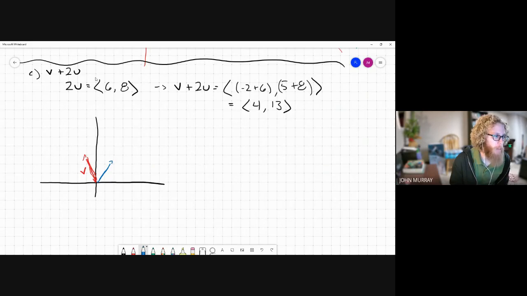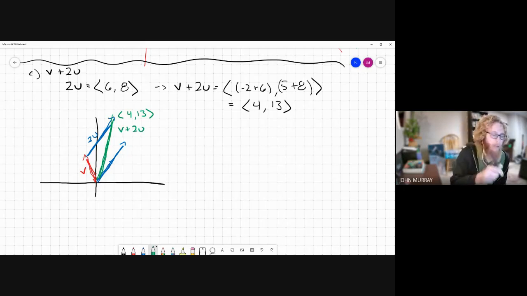This is my normal u, but I'm multiplying it by 2, so I'm ending up at 6, 8, right? And now I'm taking this, and I'm moving it on top here. And so this line here, which is the addition of v plus 2u, leaves me at 4, 13.